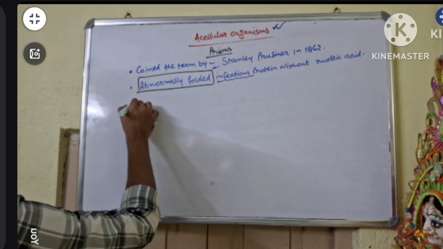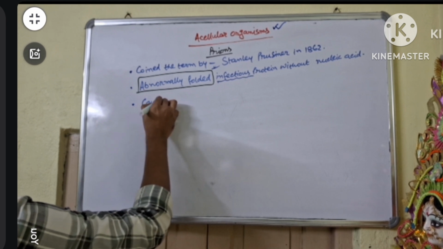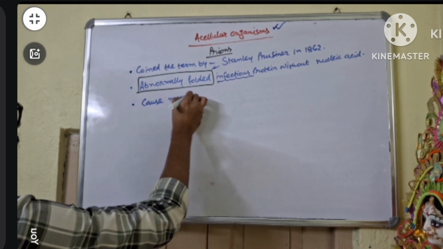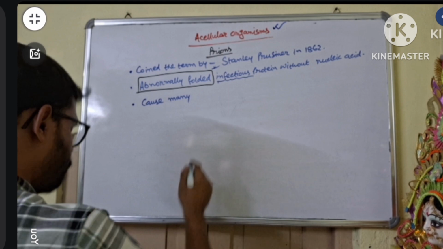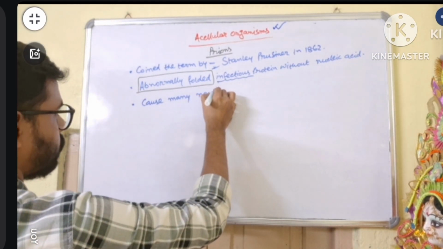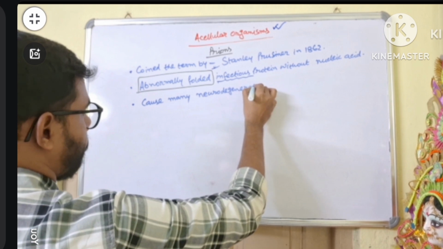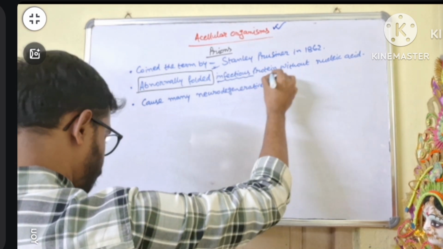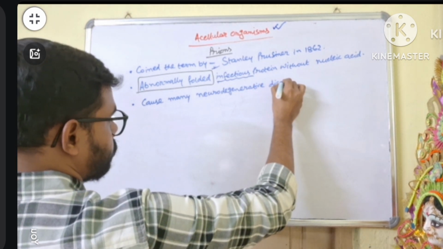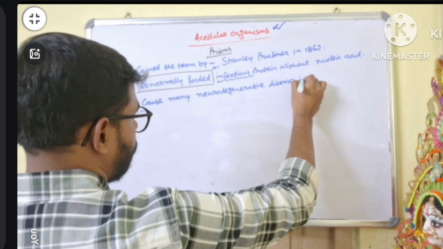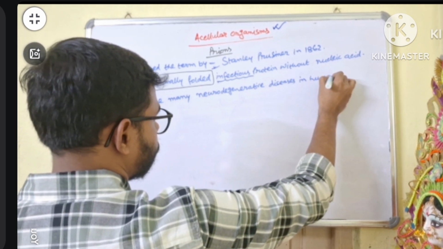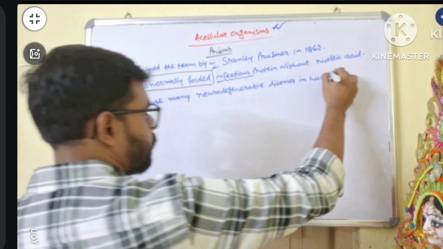So prions cause many neurological disorders, neurodegenerative disorders, in humans and other animals.